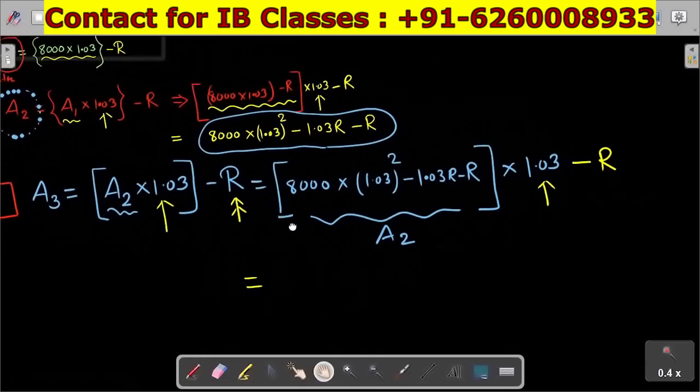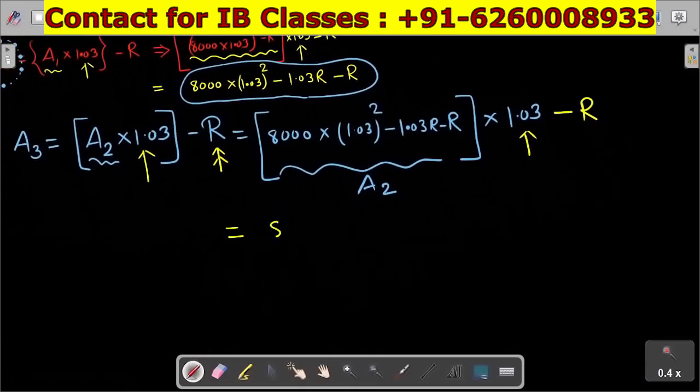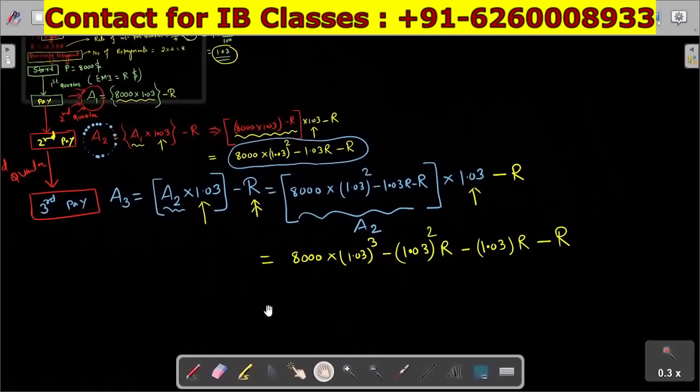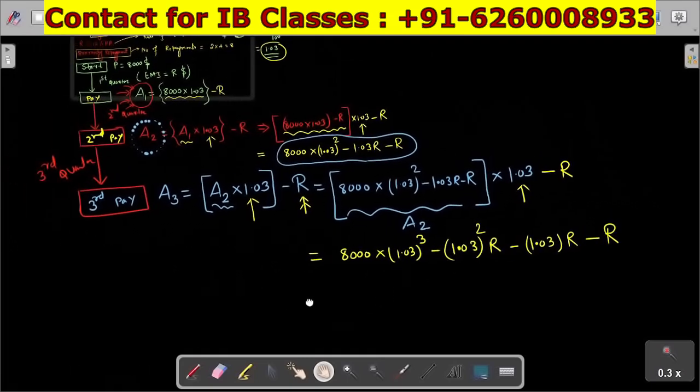So this will be 8,000 into 1.03 raised to power 3 minus 1.03 square R minus 1.03 R, and this last R. So we get the total due after the payment of the third installment.